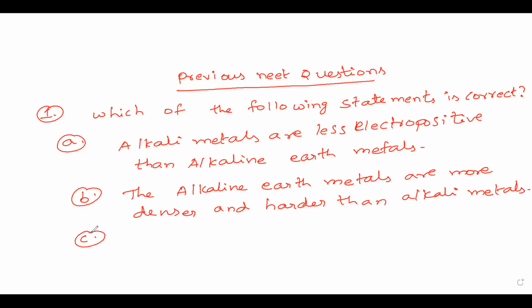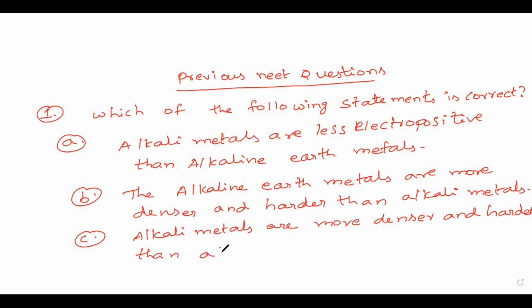Third option, alkali metals are more dense and harder than alkaline earth metals.